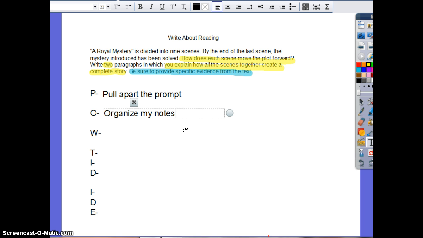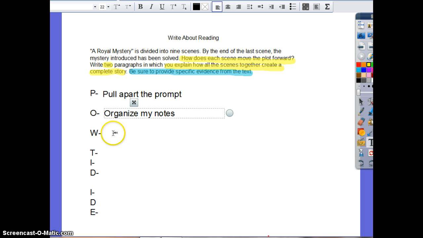Now, what has been suggested for us to teach you is that on your writing paper, you need to write the words POW, P-O-W, across the top, and T-I-D-E across the bottom, or down the side there. And the more practice we do with this, the more you see that, the more you'll be able to write about. Okay?